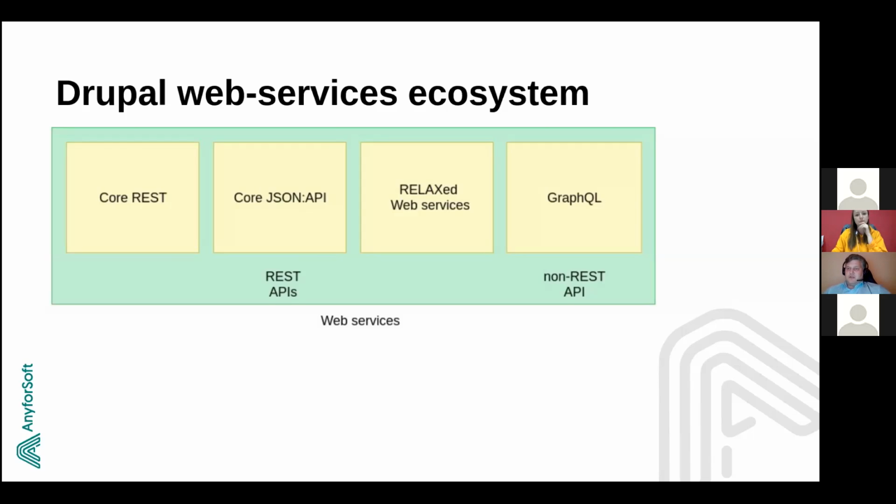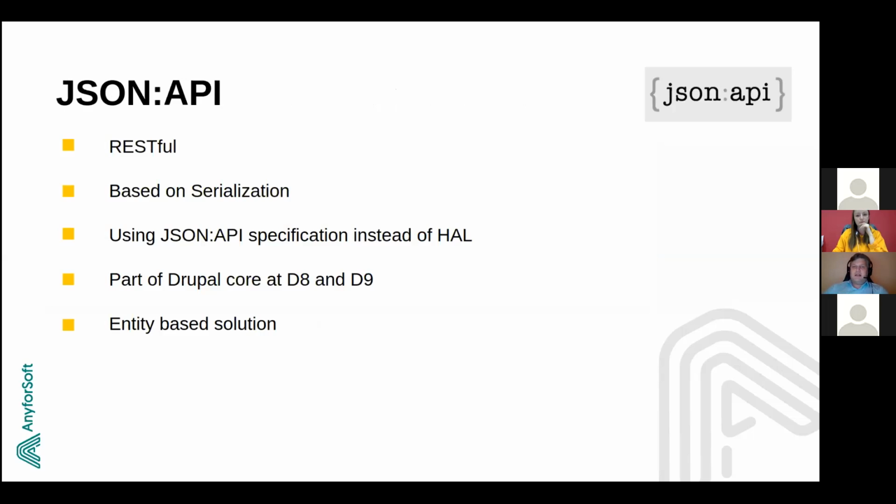And let's talk about some more things related to these APIs. Let's talk about JSON API because it's, I think, one of the most powerful tools for building decoupled Drupal applications. As I said earlier, it was a separate module before Drupal 8.8. Now it's a part of Drupal core.